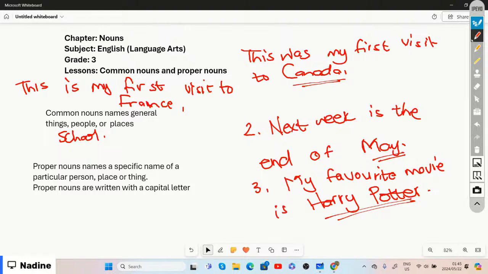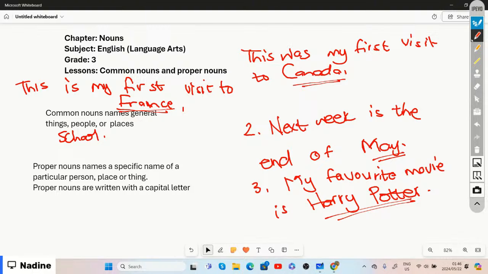This is my first visit to France. All right, and if we were to identify the last word, we can say France, right? And what is France? France is a name of a place.